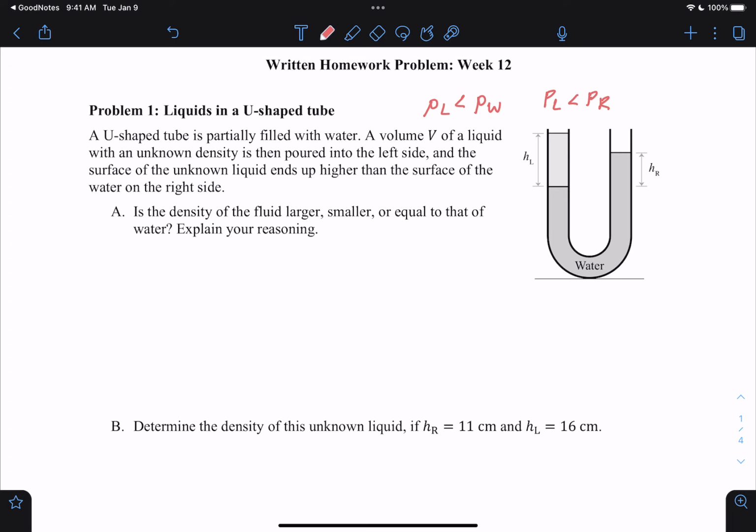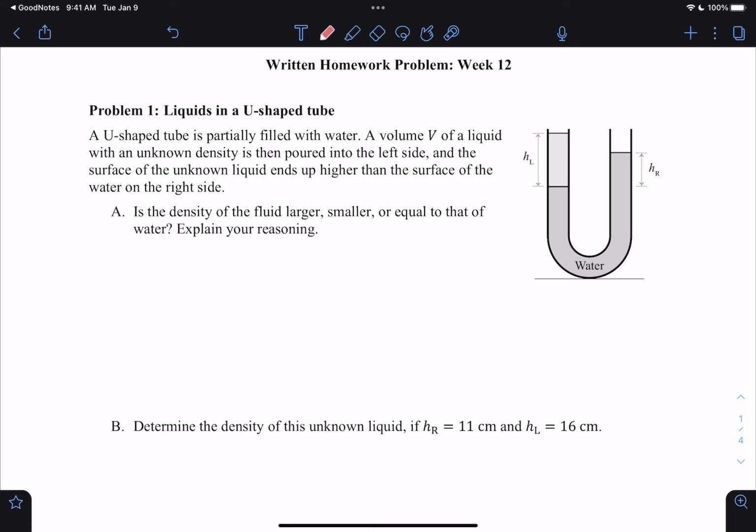Oh, hold up. Did I already say what it was? I think, my bad. No, hold up. I just read the problem wrong for some reason. I saw density, I saw lower, and I completely messed that up. I'm sorry. It's the heights that are different, not the densities. We don't know about the densities yet. That's what we're going to figure out in part A. Let me just rewrite what I said for part A here.